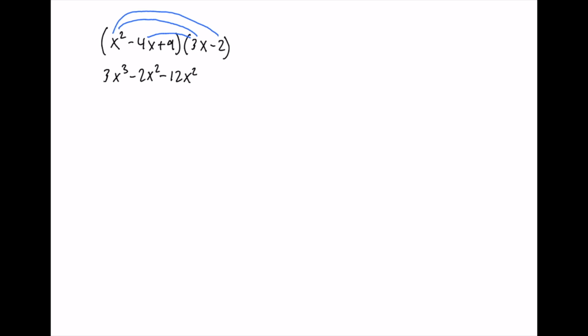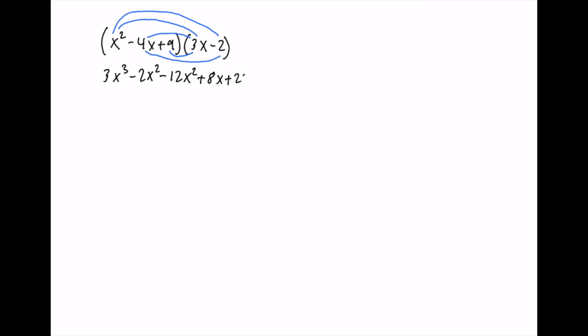Then, negative 4x times negative 2. So that will give us negative times a negative is a positive. 4 times 2 is 8x. Then we have the last term, 9, times the first term, 3x. 9 times 3 is 27.